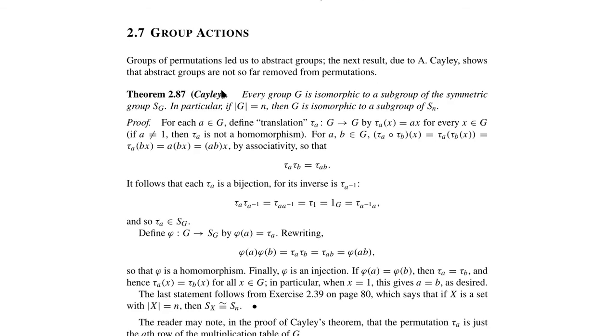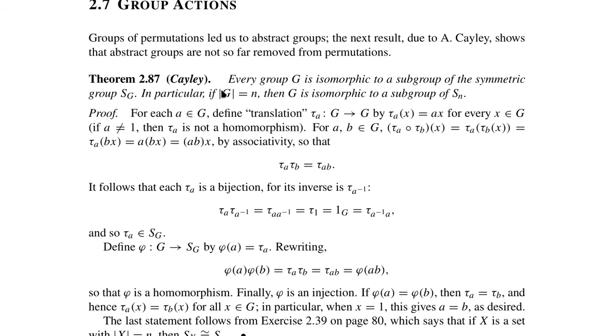But if you look at it in detail, in Rothman, S_G is supposed to be the collection of bijections from G to G. I mean, the symmetric group is essentially that. So you're just going to have permutations of all the elements of the group.